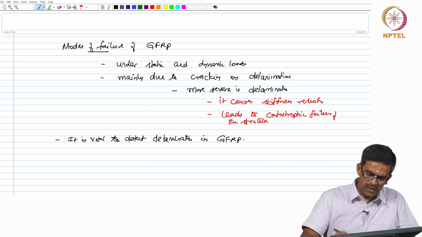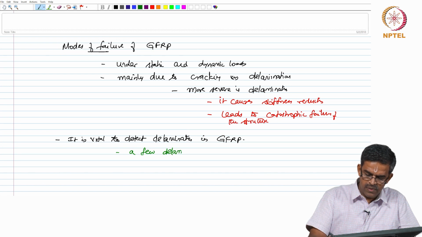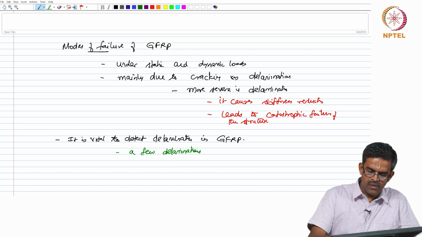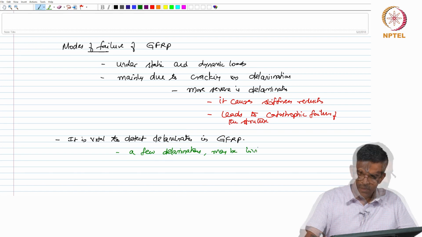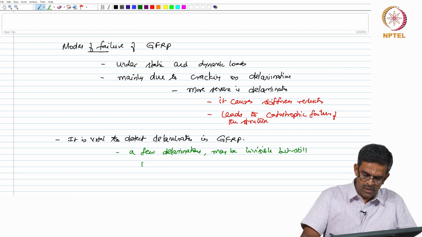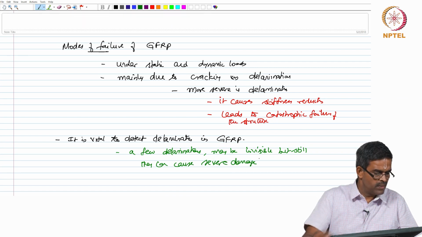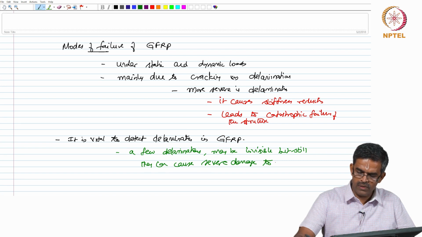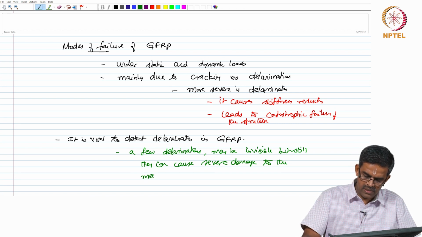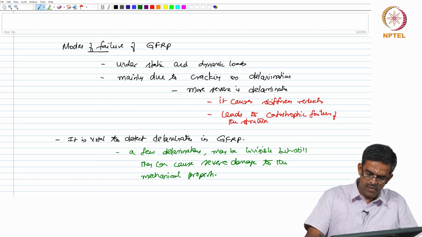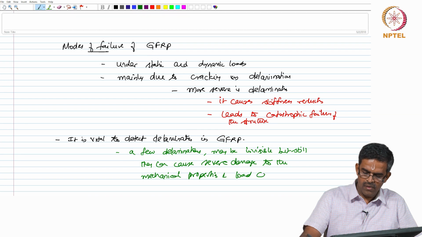The more vital part is that even a few delaminations can cause severe damage to the mechanical properties and load carrying capacity of the structure.